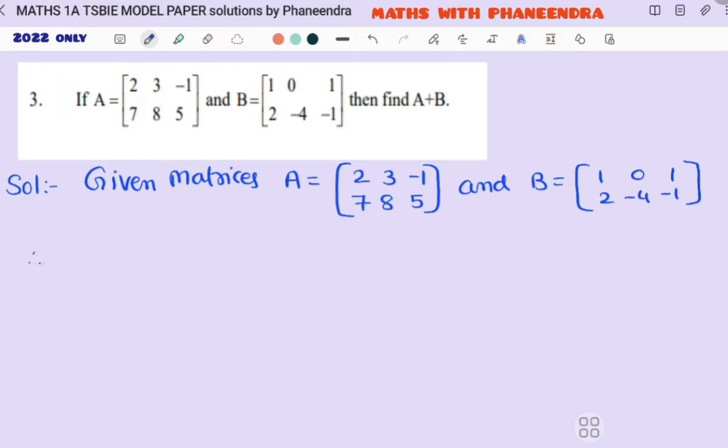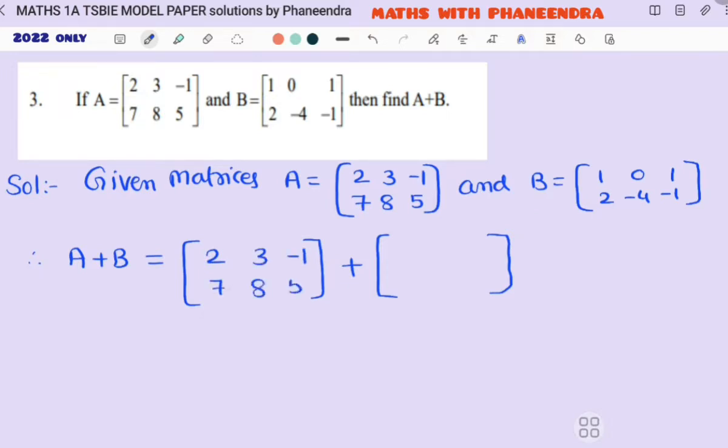So they are asking the sum of these matrices, A plus B equal to. So corresponding elements you have to add in both the matrices: [2, 3, -1; 7, 8, 5] plus [1, 0, 1; 2, -4, -1], which is equal to.